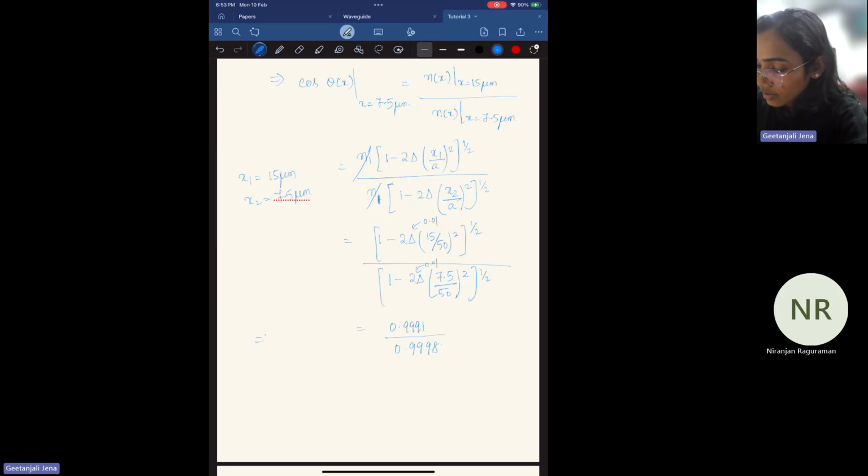So this is cos theta, equal to that ratio. Now to find theta, just take the cos inverse. So cos inverse of 0.9991 over 0.9998 will come around 2.14 degree.